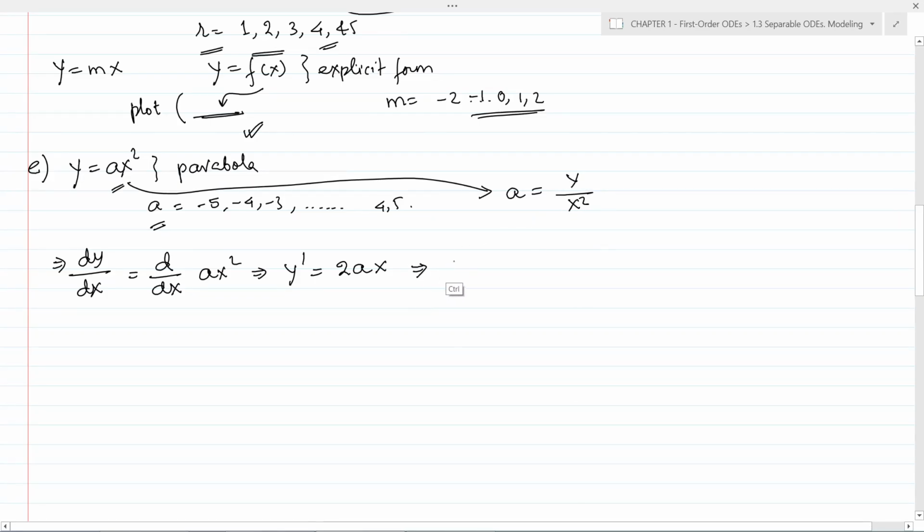So from here we can write y dash equal to 2 multiplied by y by x square in place of a multiplied by x. X cancels from numerator and denominator and we can write y dash equal to 2 y by x, and this is the ODE for parabola of the form y equal to ax square.